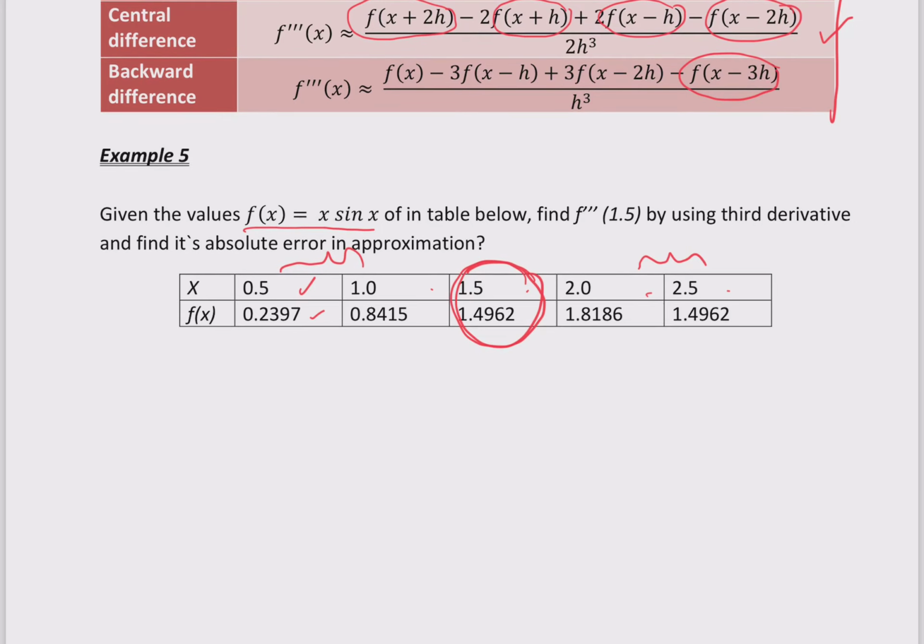Now we want to use that formula, and we see here our grid spacing h is equal to 0.5, because the difference between the first x, 0.5, and 1 and all those points is 0.5.